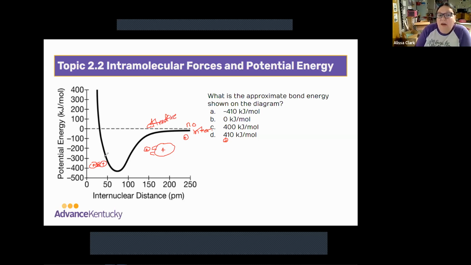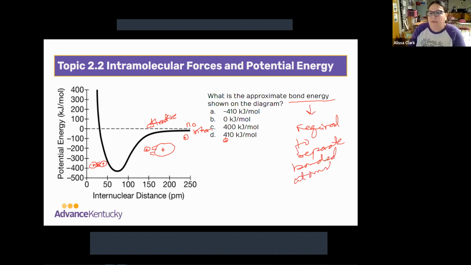Repulsive forces dominate or begin to become more significant as the potential energy goes back up. So knowing that information and knowing that bond energy is the energy that is required to separate bonded atoms, which of those 4 choices would describe the bond energy shown in this diagram?